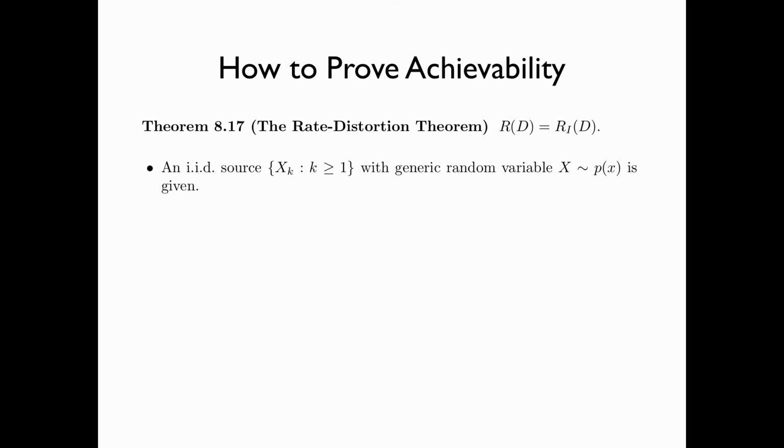First, an IID source {X_k, k ≥ 1} with generic random variable X with distribution p_X is given.